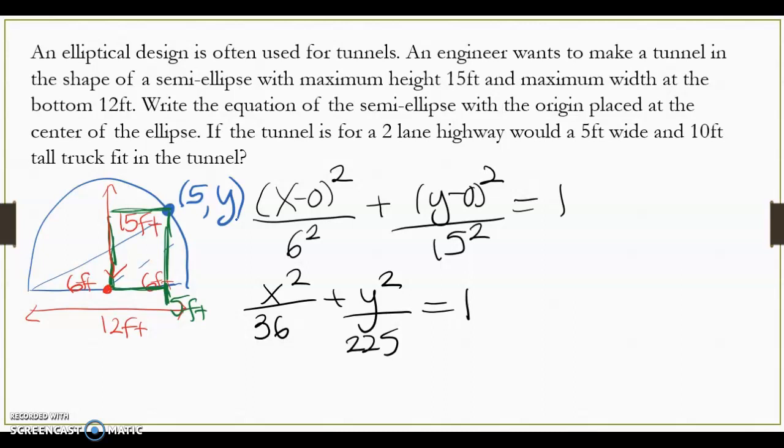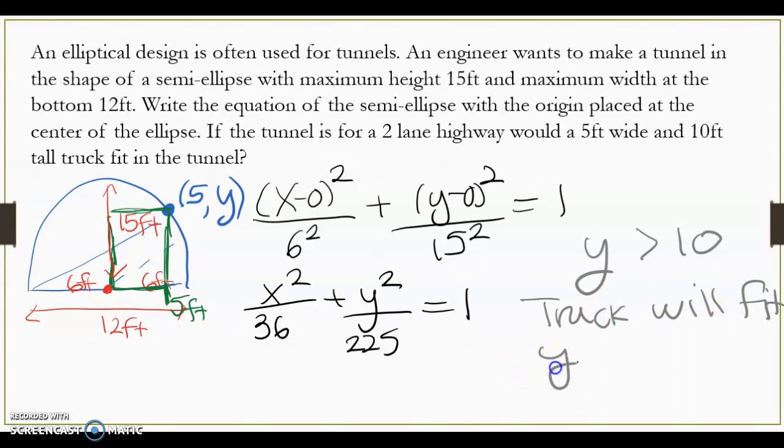Now there's a couple things we can talk about and find with this. We're looking at that y value, and y represents the height of the tunnel. If y is bigger than 10 feet, which is the height of the truck, the truck will fit under it.